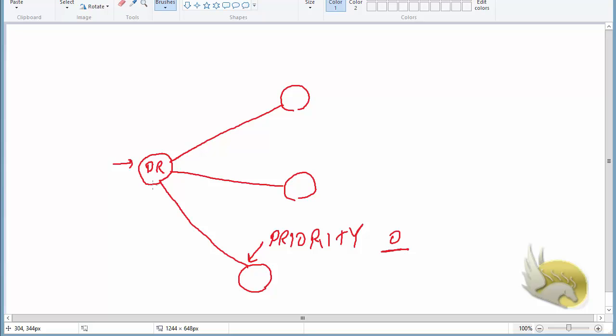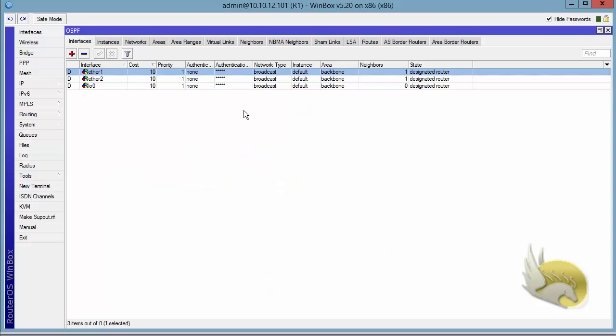Actually, in other places I don't need to work on these concepts. As I told you, I have only one-to-one connections between these routers. I only have two interfaces in the same subnet. So I don't need to worry about designated router and backup designated router. I just talked about the logic behind that.